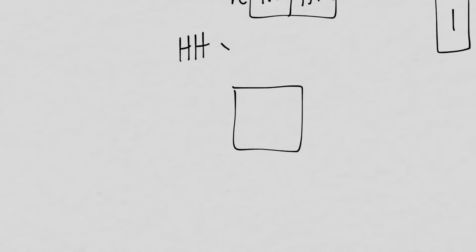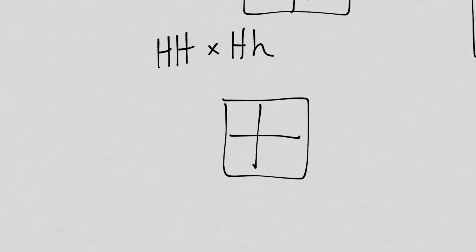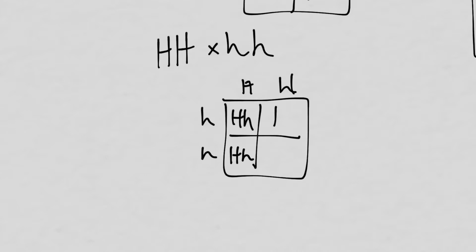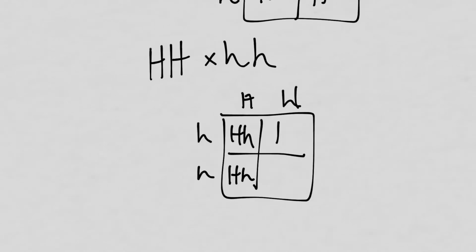If you were to have a Punnett square with big H, little h, oh, that's the one we just did. Big H, little h. This would be 3:1. This one would be 100% as well.